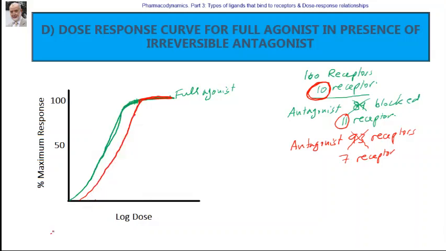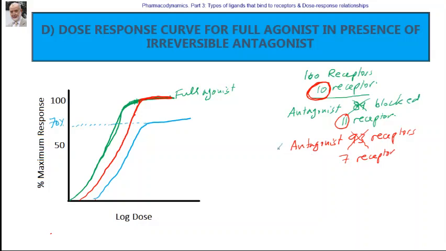So what will happen? As I increase the dose of the agonist, response will increase, but can never reach the maximum response because what is available is only 7 receptors. That means I will get only 70% of the maximum response. Okay, I repeat it again.